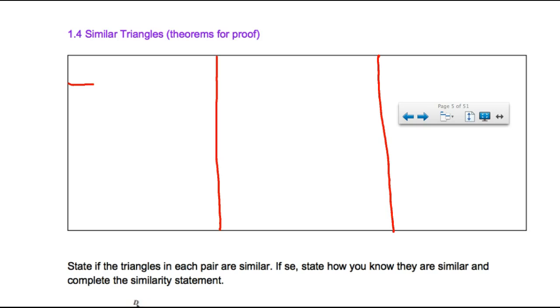On the top, we've got what's called the side, side, side similarity theorem.